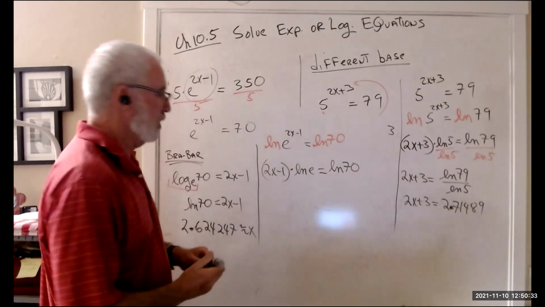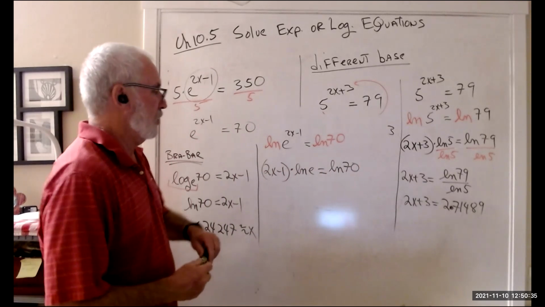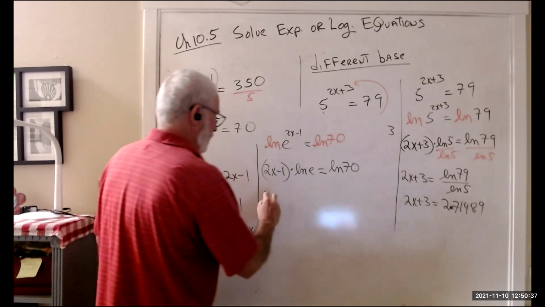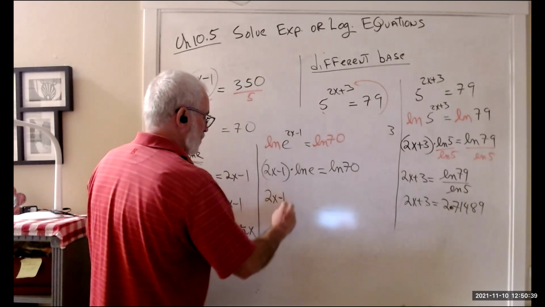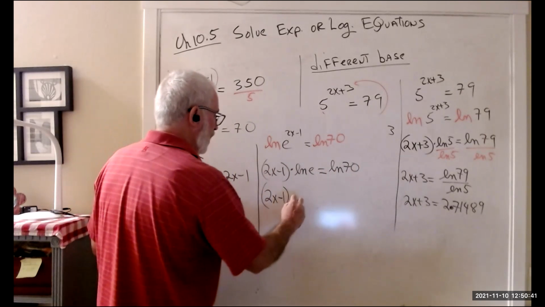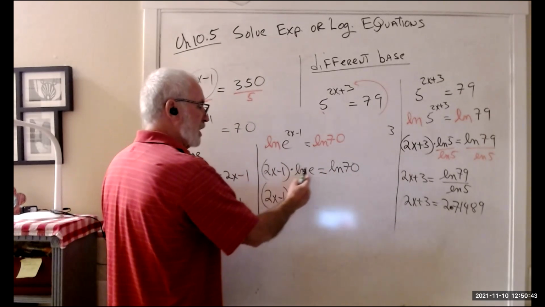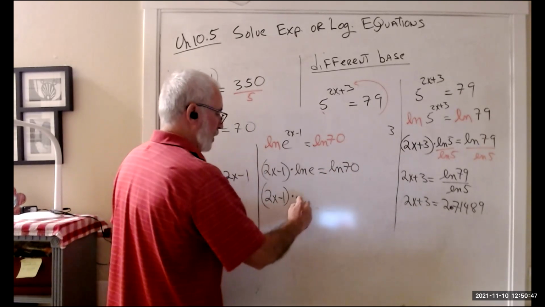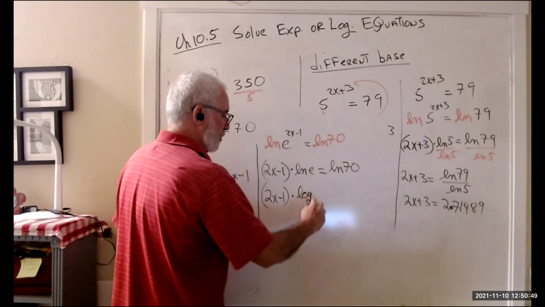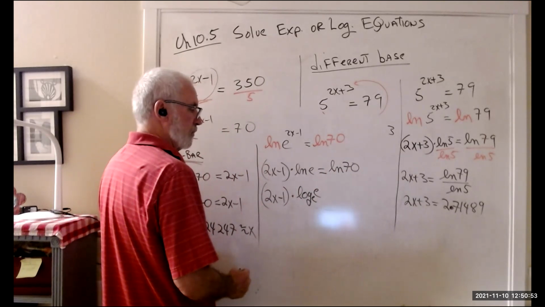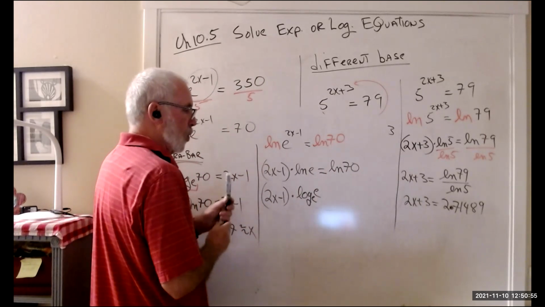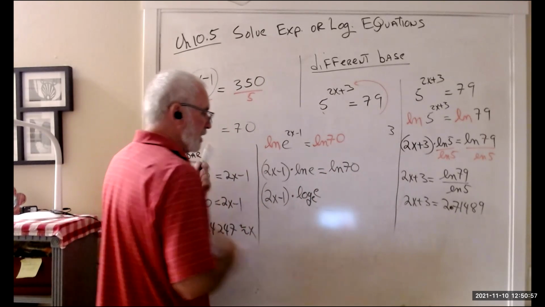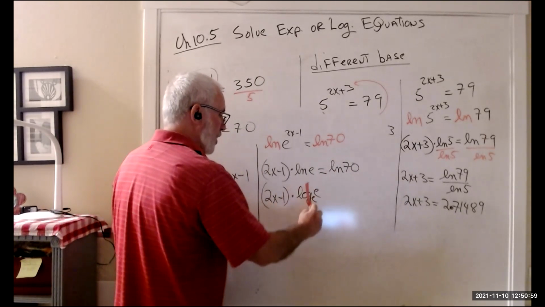Okay, here's the magic. I'm not going to skip a step. This is 2x minus 1 times, what does ln of e stand for? Well, it is log base e of e. But we just figured out way back at the beginning of the night that that is 1.